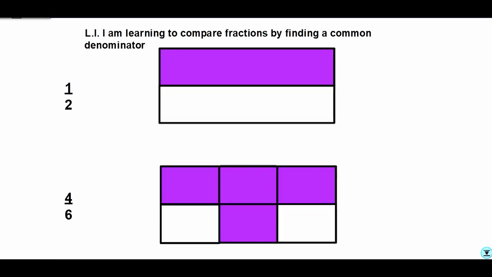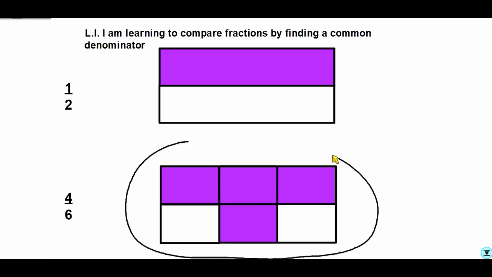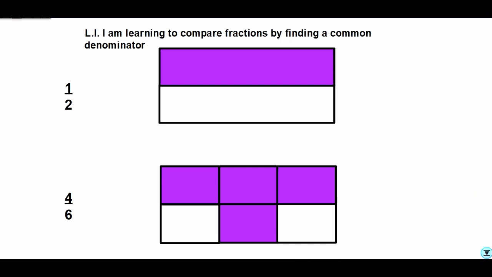Let's try it a different way here. So, again, visually, you can see straight away that this one is the bigger fraction. But how do we actually prove it mathematically? Well, we need to find a way of turning 2 into 6, effectively. So how do I turn this half into sixths? Well, what I can do is I can times it by 3.